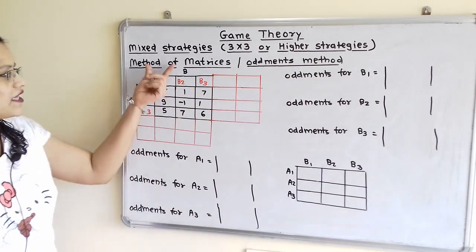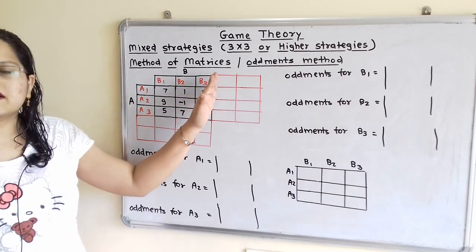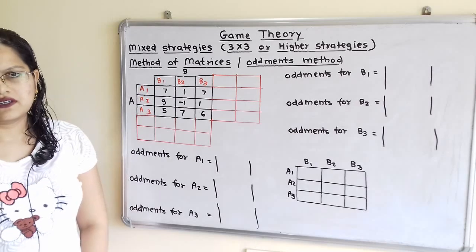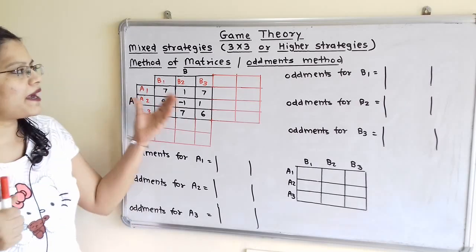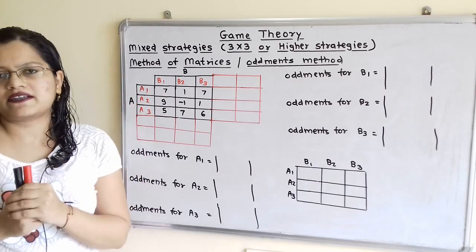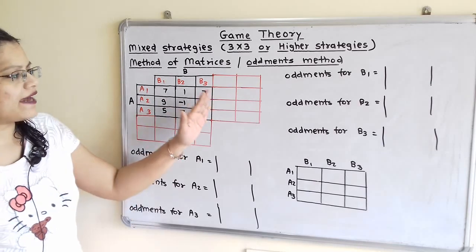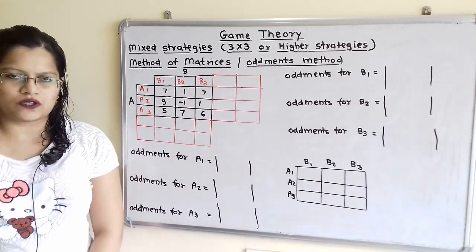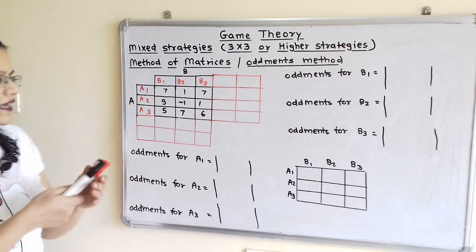For this method we have to add 2 extra columns and 2 extra rows. If the given matrix is a 4 by 4 matrix, then we have to add 3 columns and 3 rows, and so on. Now we will make the calculations.